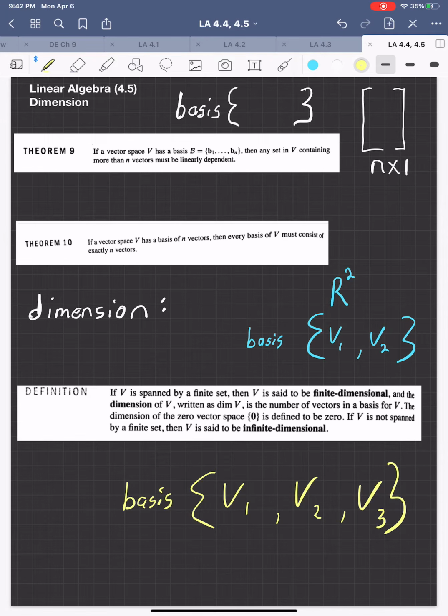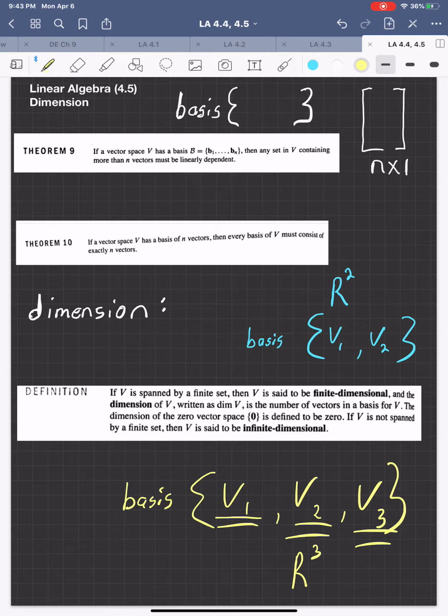And I say, I'm not going to tell you what vector space it is, but I'm telling you it is a basis. Well, you don't have to continue to ask me questions about it, because all you really need to know is how many vectors are in this set. And that'll automatically tell you what dimension we're dealing with. So I have 3 vectors in this basis, so therefore I must be in R3.